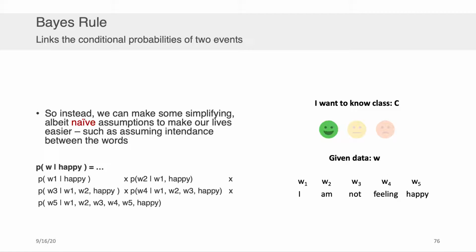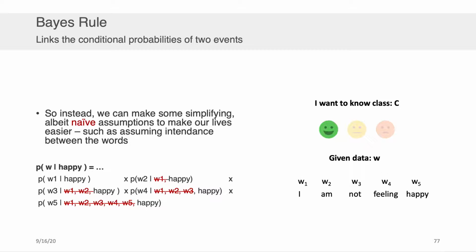Such as, for example, assuming that the value of one word has no bearing at all on the other. So whatever W2 happens to be has nothing to do with W1, W3 has nothing to do with W2 or W1, and so on.